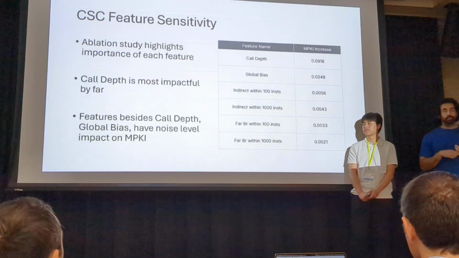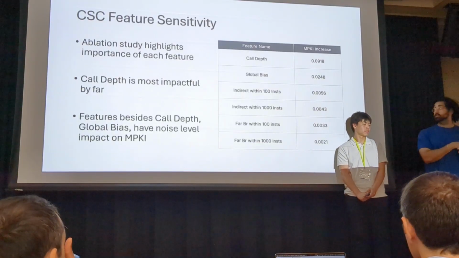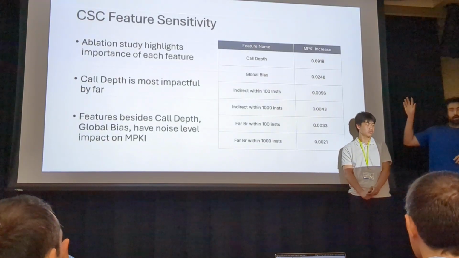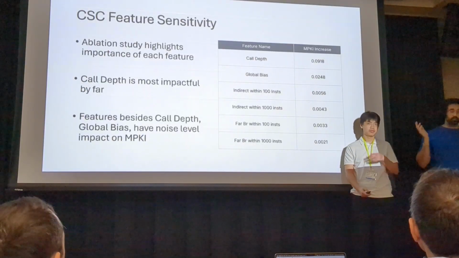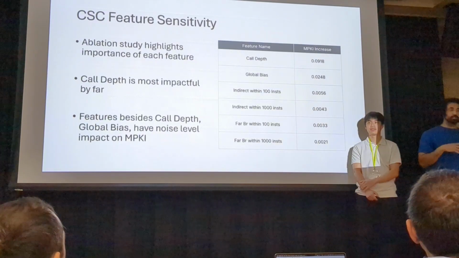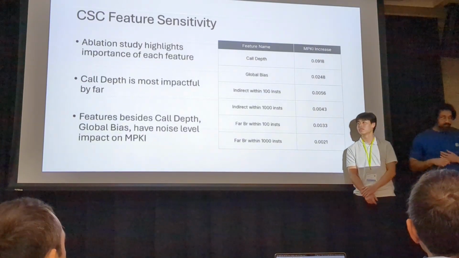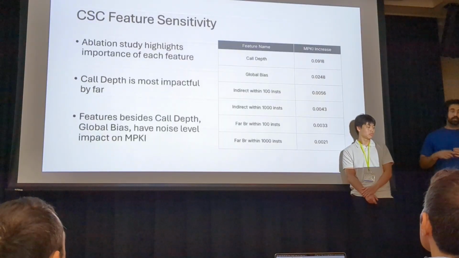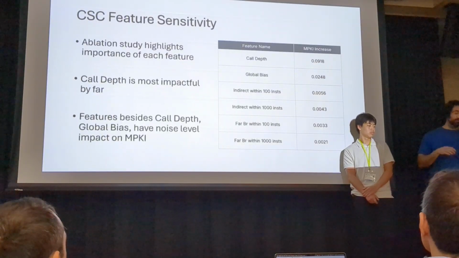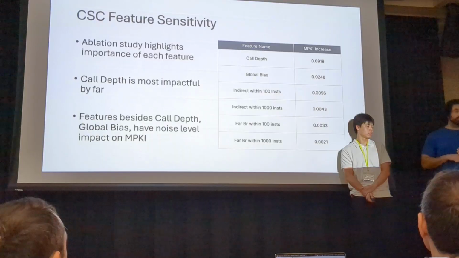One important question to ask is the feature sensitivity. In our final configuration, we only had 6 features just to lean out the storage budget, because more storage to TAGE, more better. You can see the winner of the ablation study, where we removed a feature and saw how it performed, was call depth. That was our most significant feature.